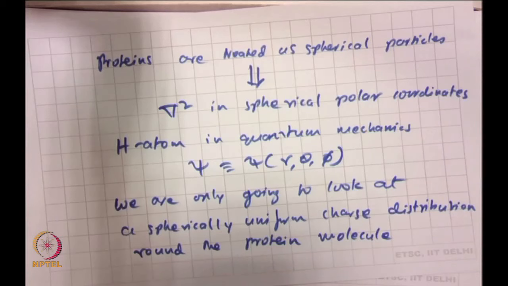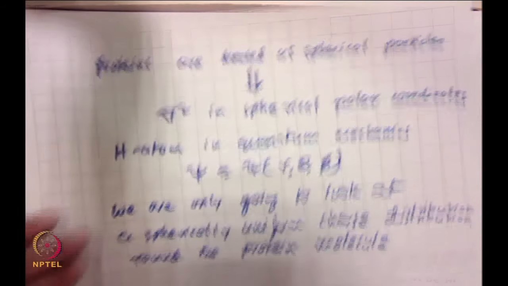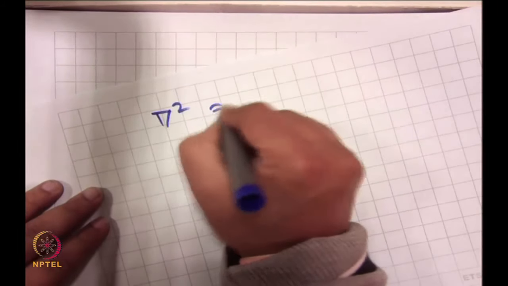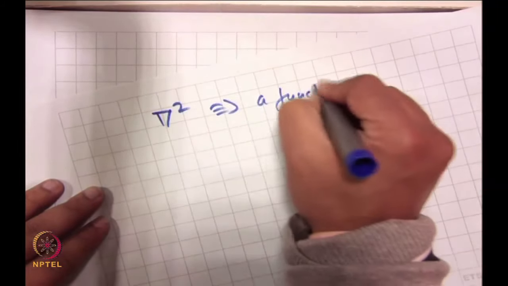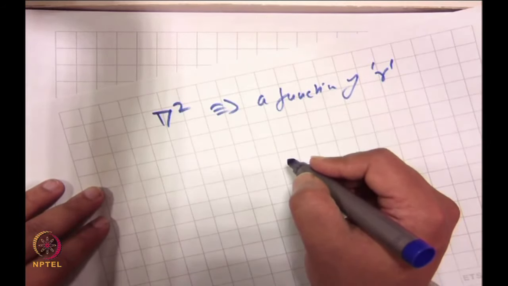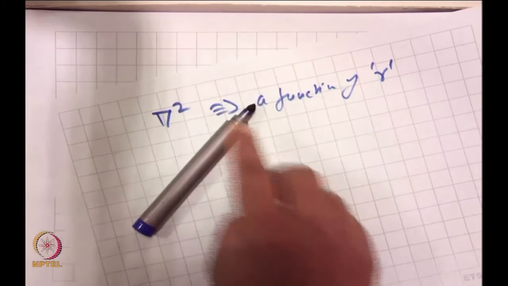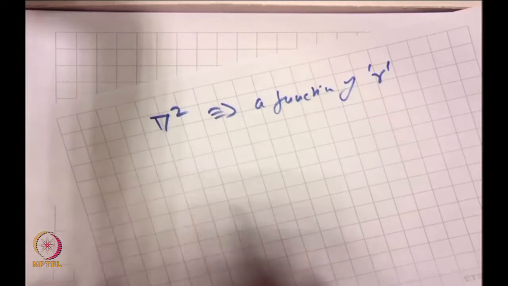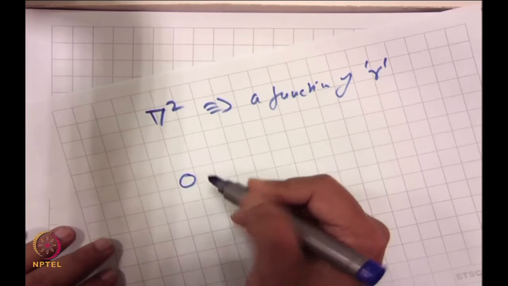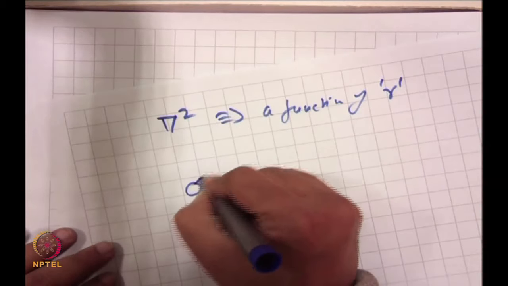That means the del squared would not have any dependence upon the angular values, theta and phi. So, essentially del squared is only a function of r, where r is the distance in the radial direction. You can imagine your protein is a sphere, and then you are just going out in the radial direction.